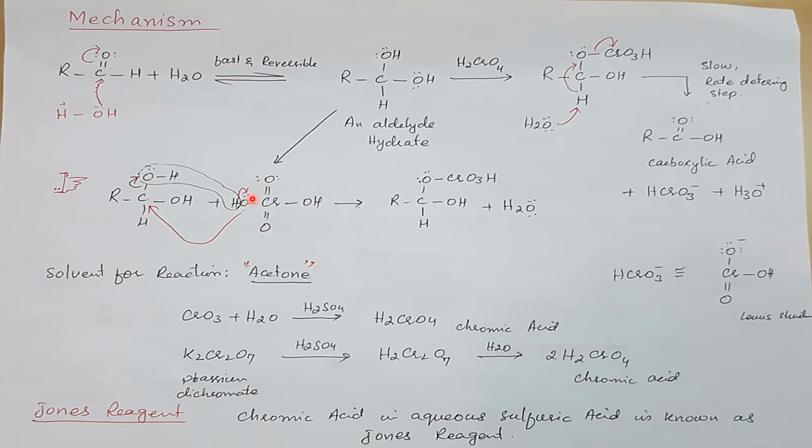So now what is happening to the chromium, and what are the different electron movements, which will be shown by the curly arrows, showing how the reaction is proceeding. From the chromium oxide, this bond of oxygen and hydrogen will be broken, so that electron pair will go back to this oxygen, right?